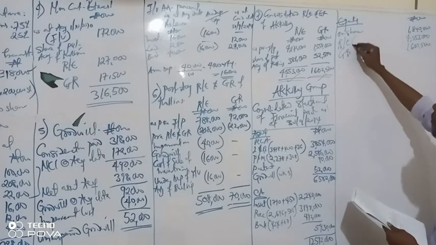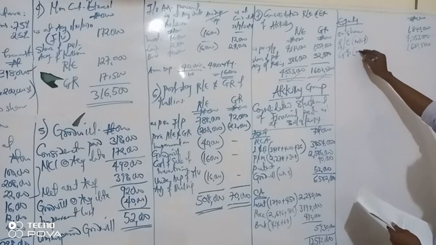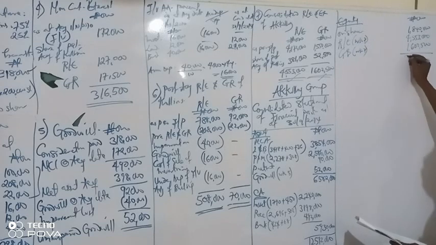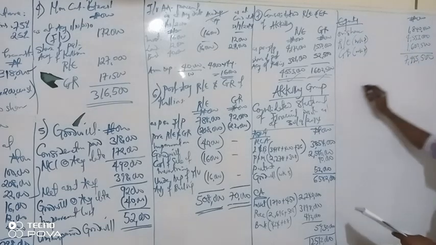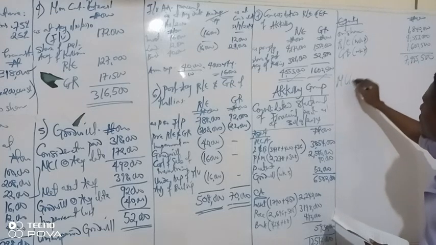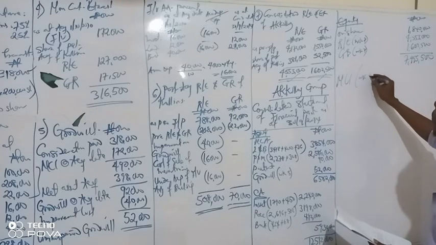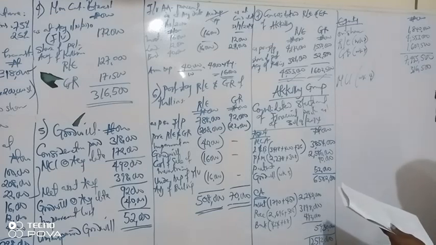Please always make sure that you are showing your working 7. Total is 7,995,500. Then our non-controlling interest, working number 4, 316,500.